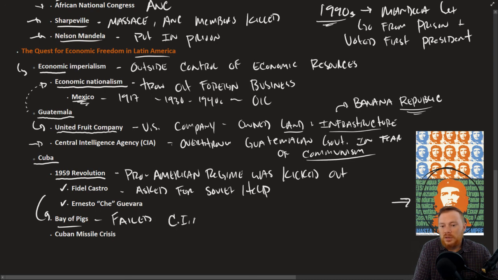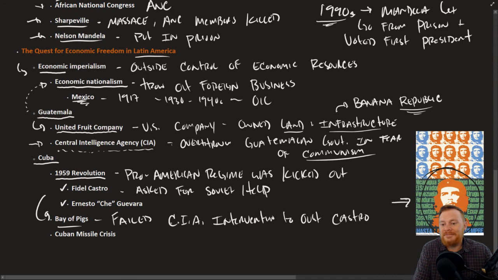Failed CIA intervention to oust Castro. Essentially, the United States tried to do what it did in Guatemala. The CIA was successful in Guatemala in overthrowing a government that it believed too friendly to the Soviet Union.